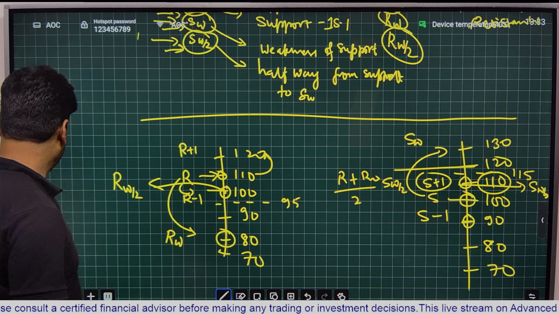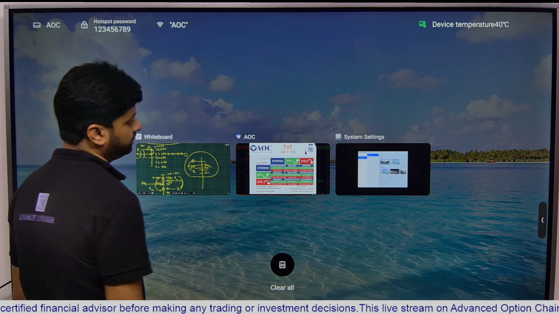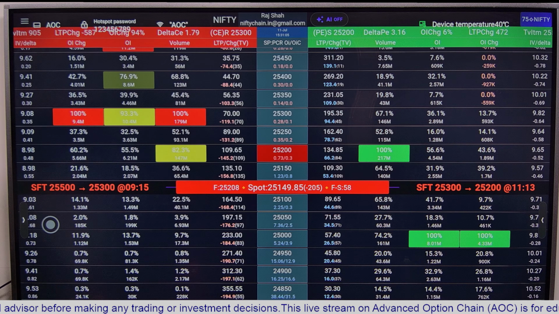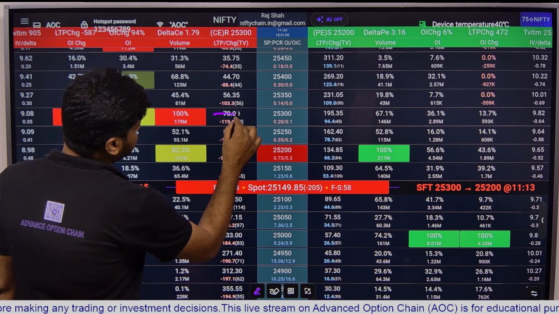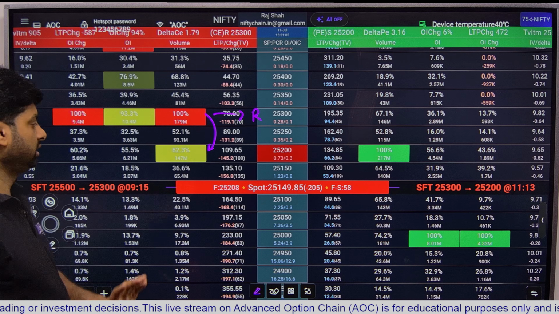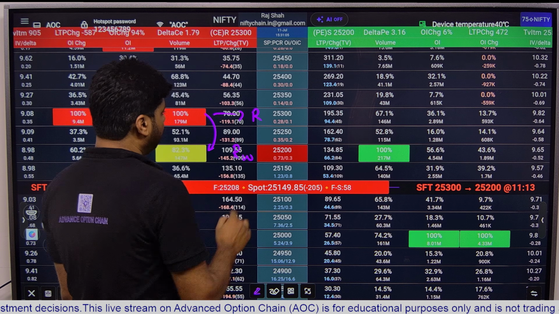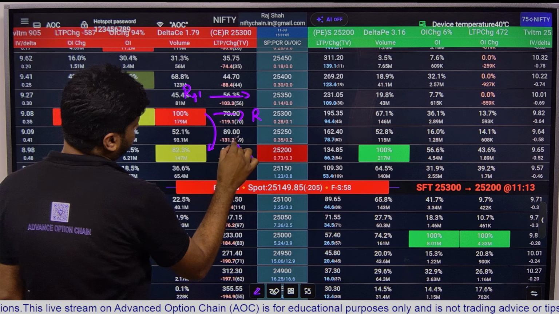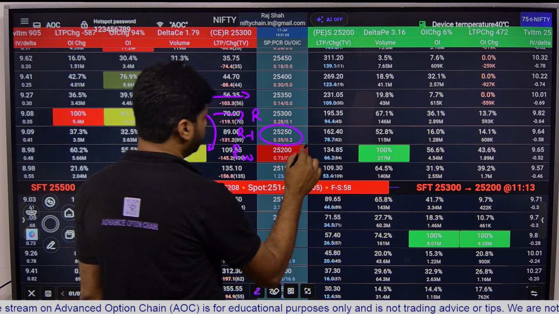Now let's look at this in AOC and confirm what these levels are. I have Nifty charts open, Nifty option chain is open. This is R. Suppose we are having weakness on 25,200, so this will be RW, and this strike price is R plus 1. This is R minus 1. 50% is 25,250.